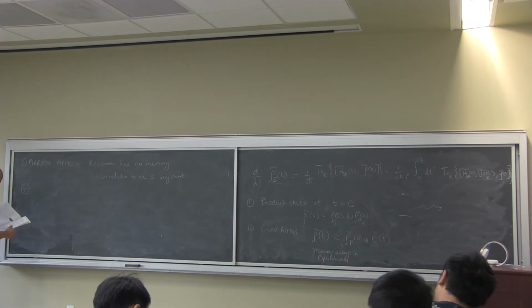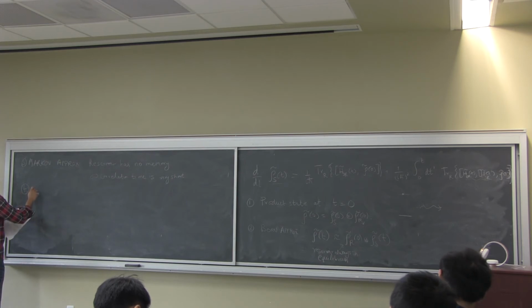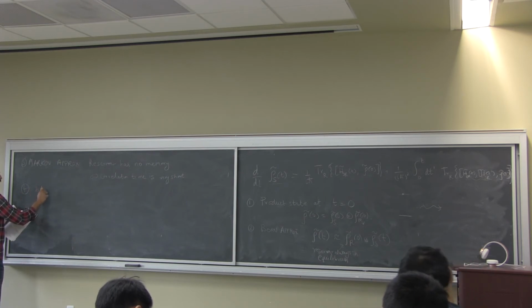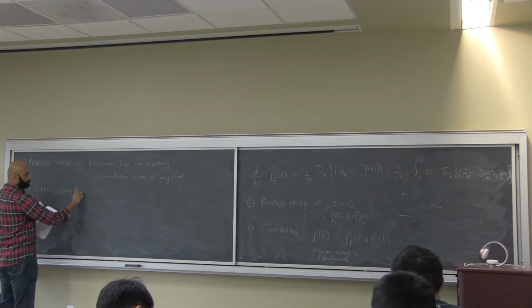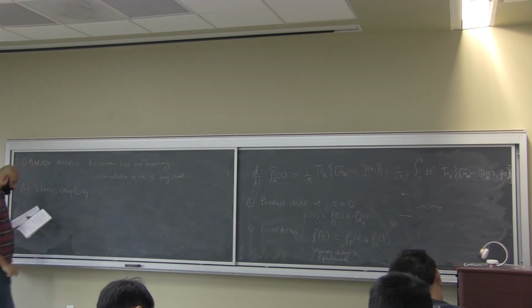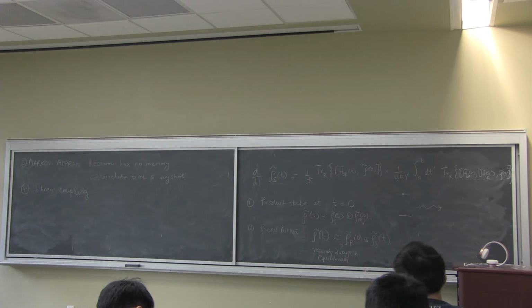Good question, thank you. And finally, we have that bilinear coupling, which I'm going to now put down. What I mean by this is that HSR is of this form.